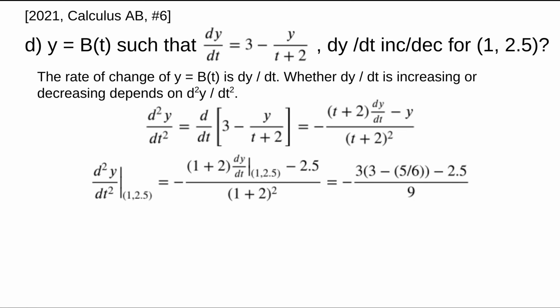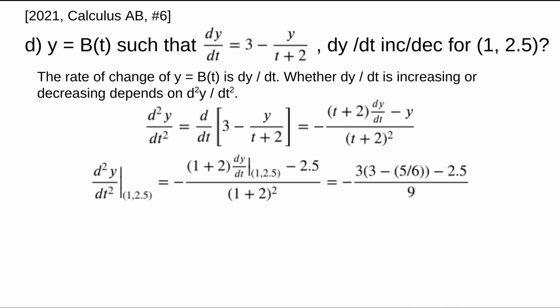So the second derivative, when t is equal to 1 and y is equal to 2.5, we can find by substituting in those values. We have negative 3 times dy/dt when t is 1 and y is 2.5, minus (3 minus 2.5), all over (1 plus 2) squared.